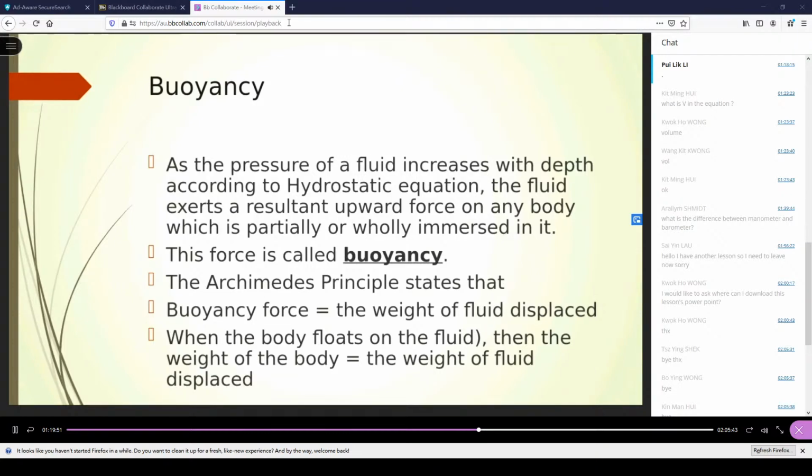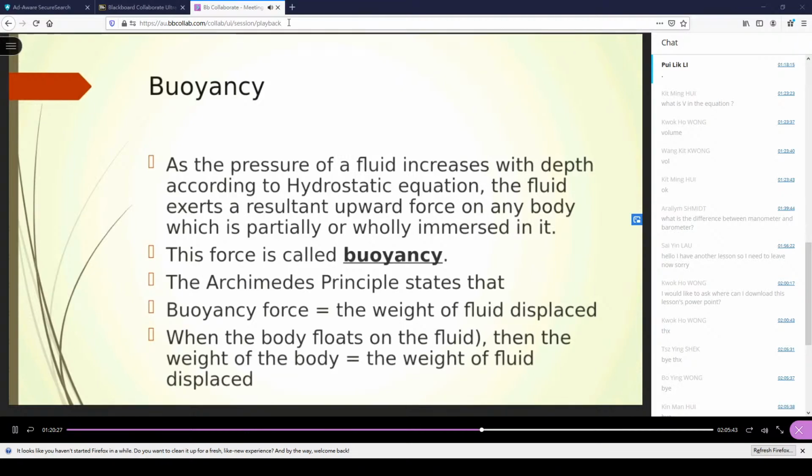Okay, next, buoyancy. When an object falls onto a liquid-air interface, some objects will sink, and some objects will float. There are only two options.